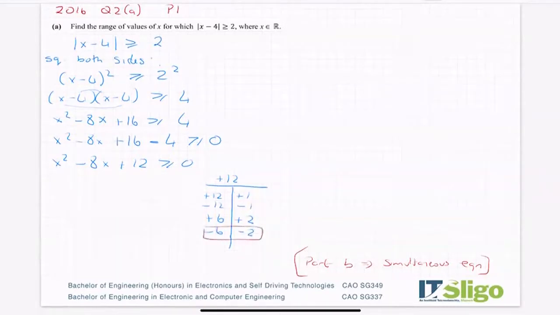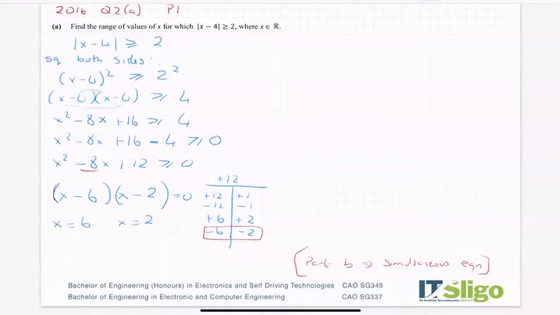So the ones that add to give me that middle number, that minus 8, are minus 6 and minus 2. When it's just a simple x squared, not like the previous example I did, you can just go straight for the two brackets. Factors of 12. So I'm getting x is equal to 6 and x is equal to 2.